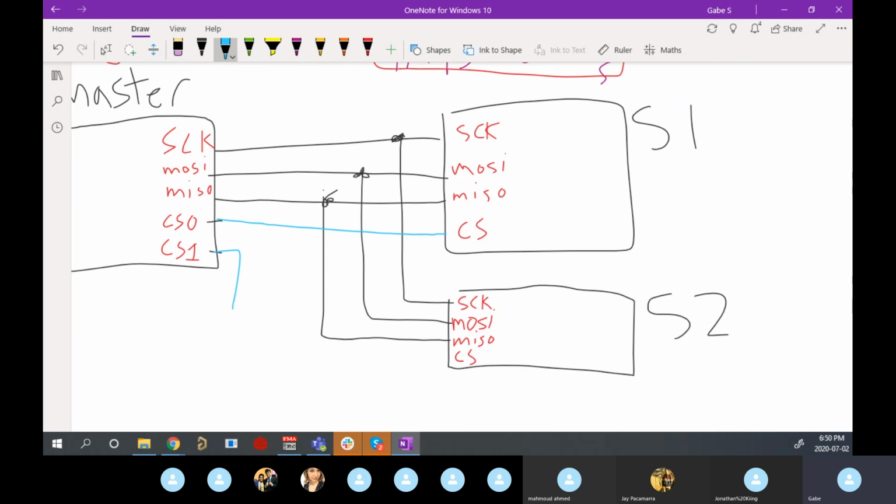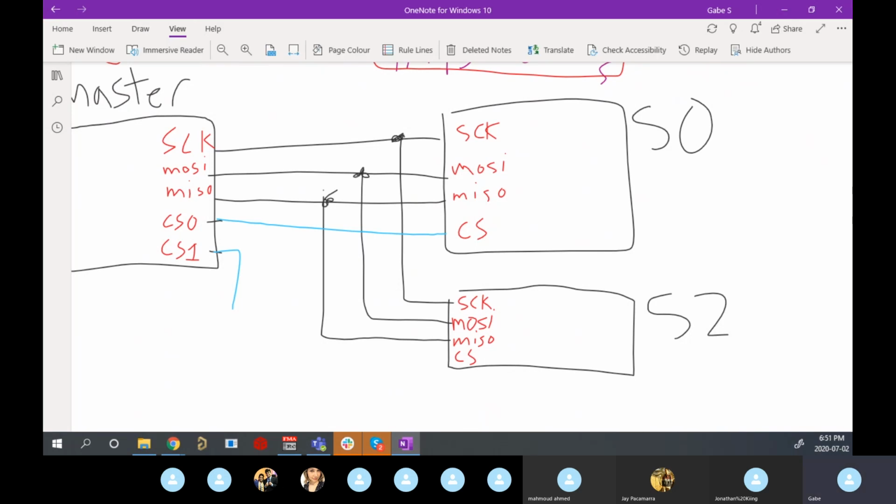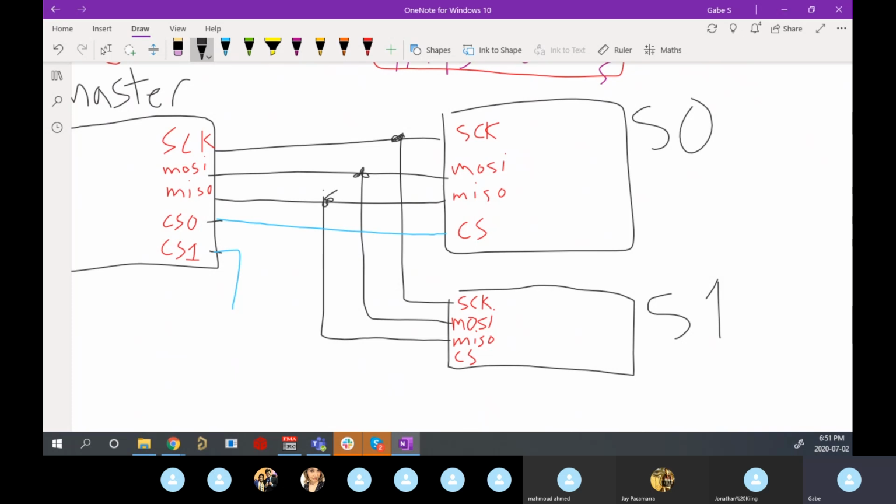And then I did not number this properly. So let's call this slave 0 and slave 1 down at the bottom, just so it lines up with our chip selects. Cool. So we had 1 line going from chip select 0 to chip select of slave 0, and 1 line going from chip select 1 to chip select of slave 1, right?